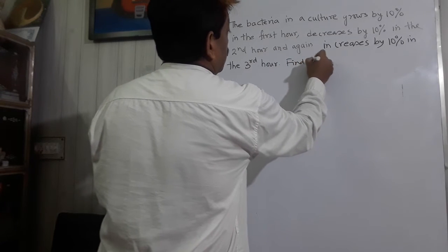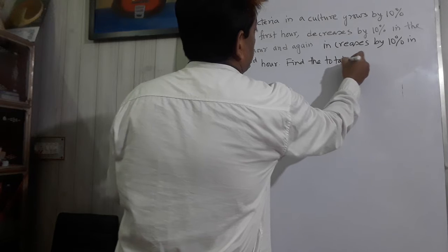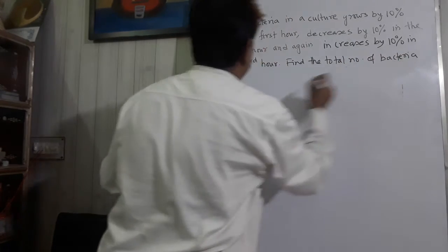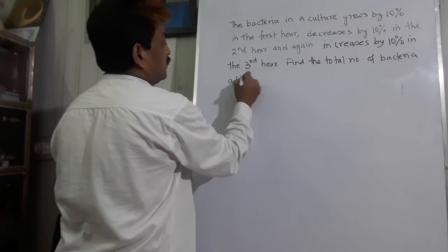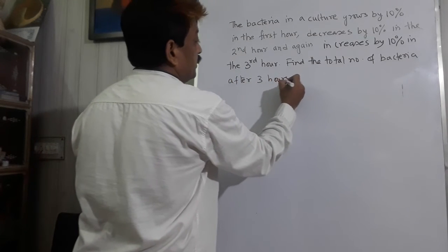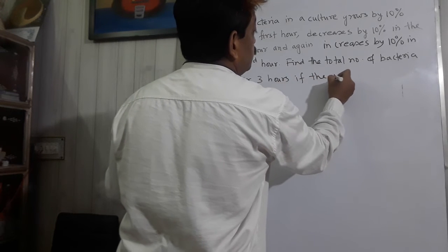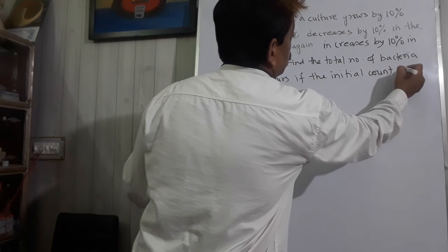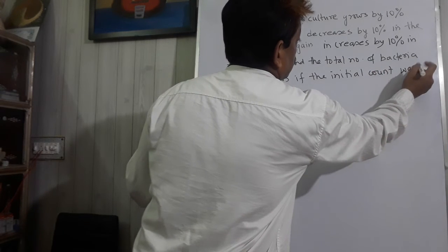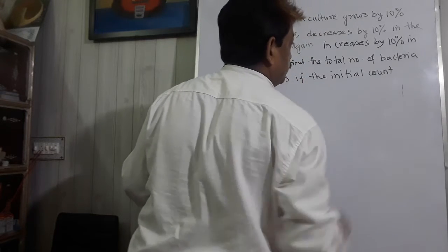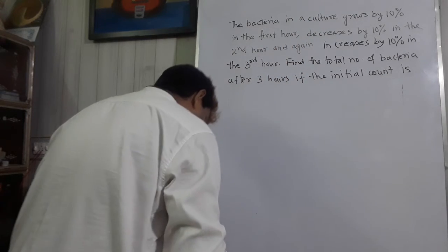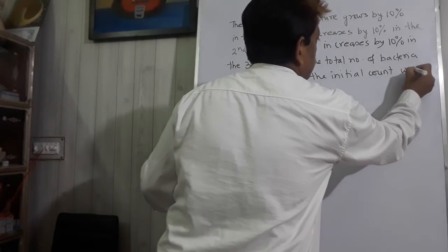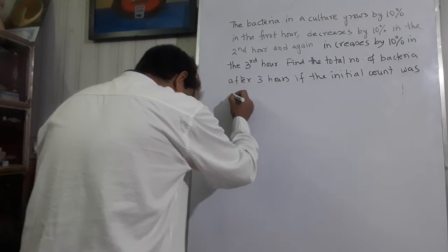Find the total number of bacteria after 3 hours, if the initial count was 20,000.